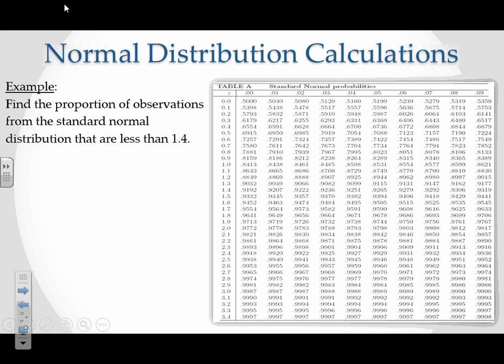All right, so let's just do a couple real simple reading the table, getting some areas here. Find the proportion of observations from the standard normal distribution that are less than 1.4. And when they give you that value, that's 1.4 standard deviations above or below. Is that 1.4 standard deviations above the mean or below the mean?